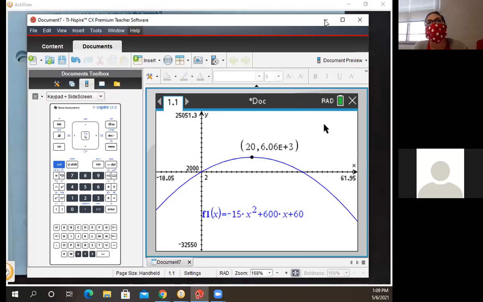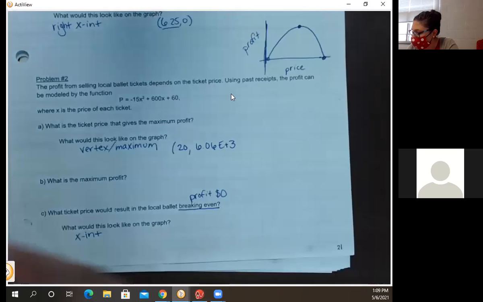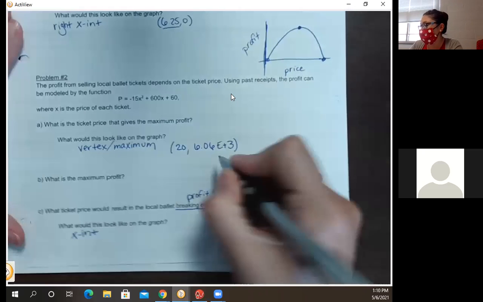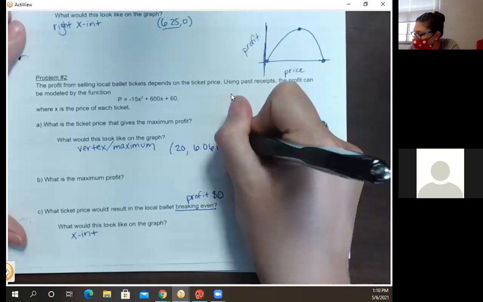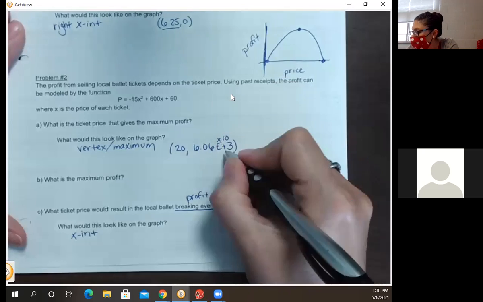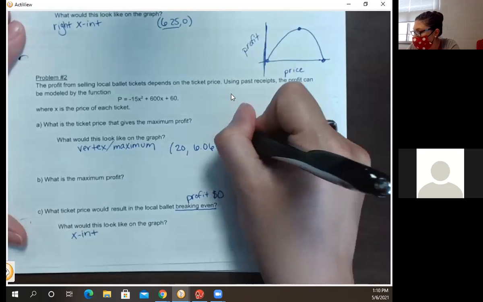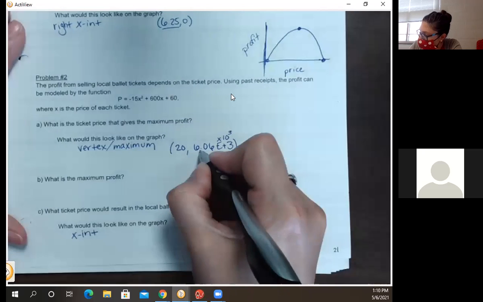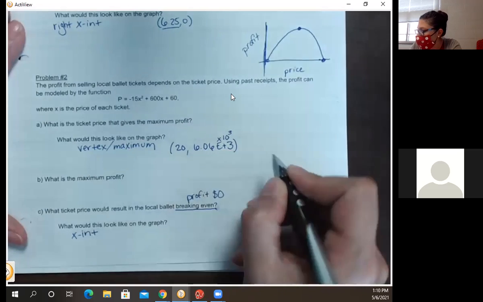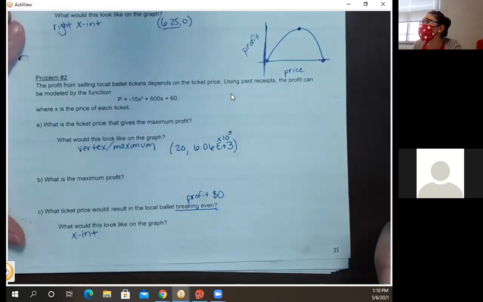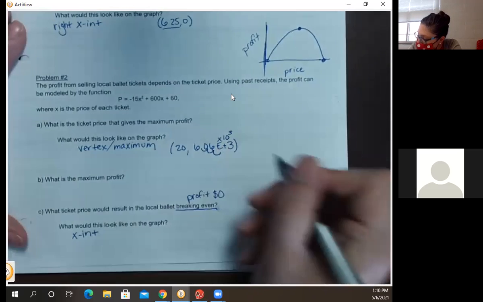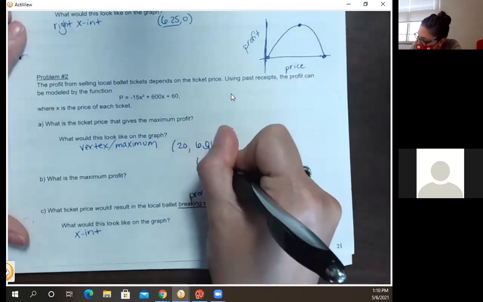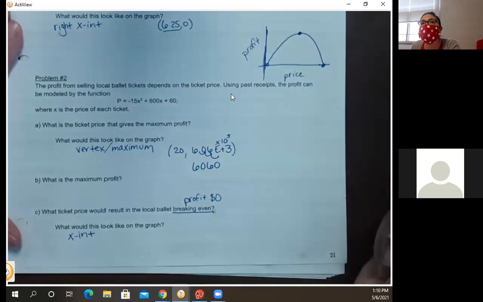So in middle school, when you learned to write scientific notation, you wrote this as times 10 to the whatever power. Since it's plus 3, this would be 10 to the 3rd. That means you move your decimal 3 places to the right because this number is bigger than what we're representing here. So 1, 2, 3. We would get 6,060 as our y value.